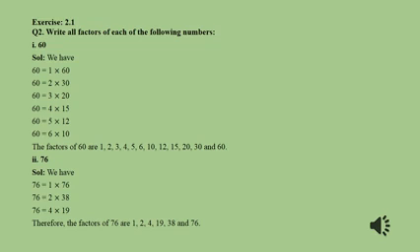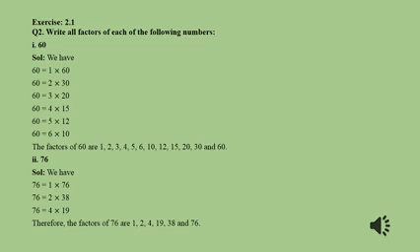So in the solution we write, we have 60 is equal to 1 multiplied by 60, and 60 is also 2 multiplied by 30. 60 is equal to 3 multiplied by 20 also. 60 is also equal to 4 multiplied by 15, and 60 is also 5 multiplied by 12, and 60 is equal to 6 multiplied by 10.